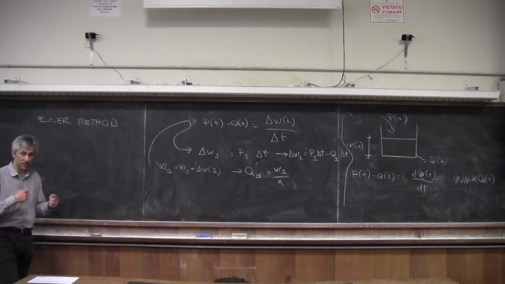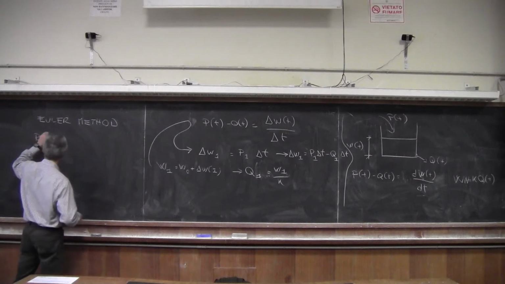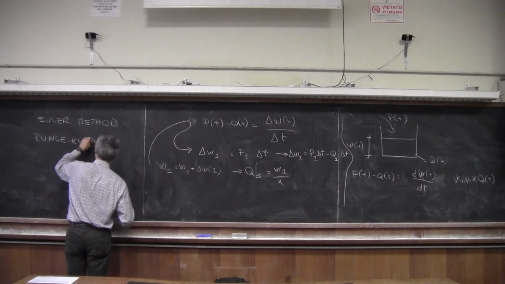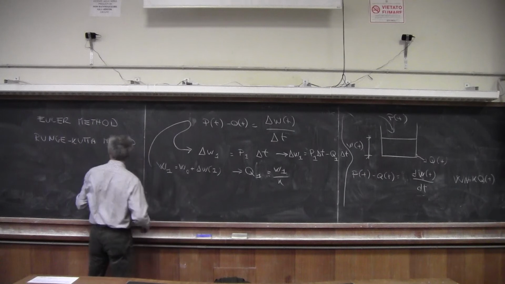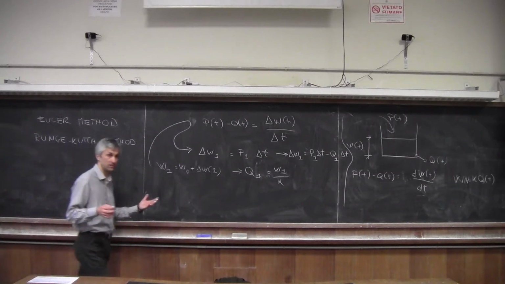The second one was an iterative method, and it's called the Runge-Kutta method. Or probably Runge. I'm not sure how the pronunciation is. I'm not a mathematician, sorry. And the Runge-Kutta could be of order 1 if you perform only one iteration, order 2, order 3, order 4, depending on the number of iterations that you perform.